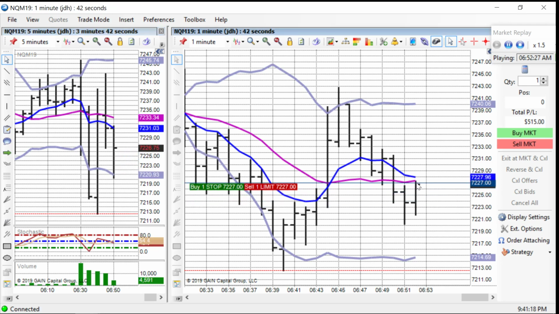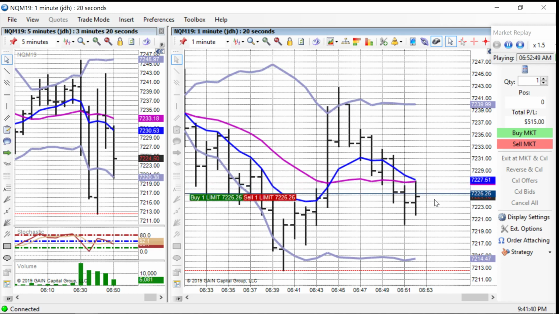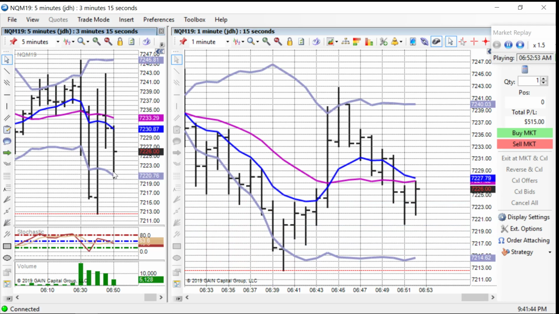And look what it's doing on the 1-minute chart, it's making a fractal. So I think we're going to continue a crossover here. But I can't assume that that's a P3 point yet to the downside. Still too close to that Bollinger Band on the 5-minute chart.